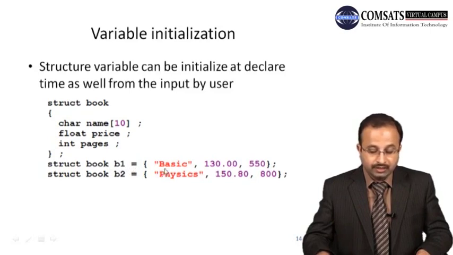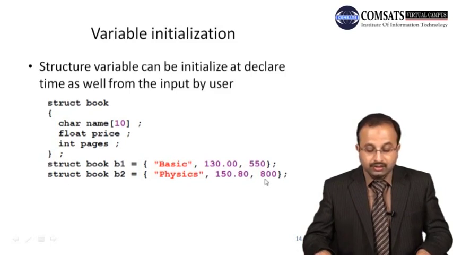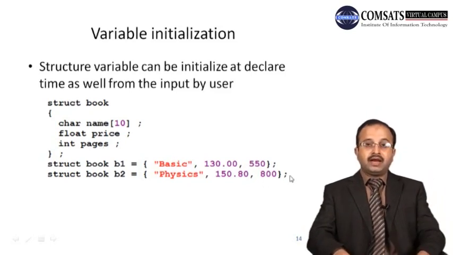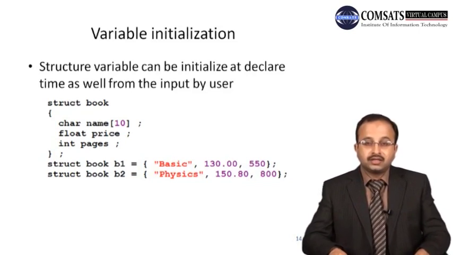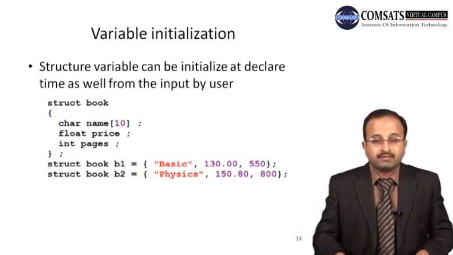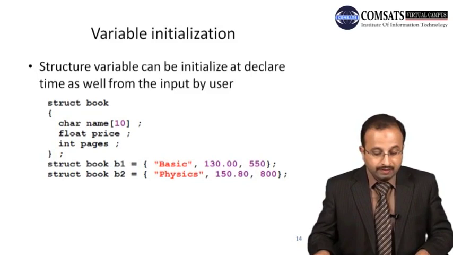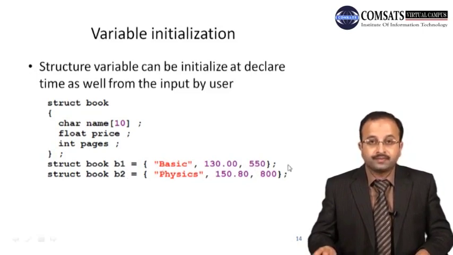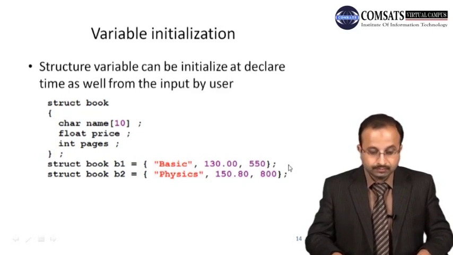The first one is the array of characters, the second one is the floating point value, and the third one is the integer value. This is the initialization of a variable at declare time, like you initialize an integer variable at declare time, like int x = 10;. So you are declaring a variable and initializing it with the value 10. Similarly, you are declaring a variable b1 and initializing b1 with these values.